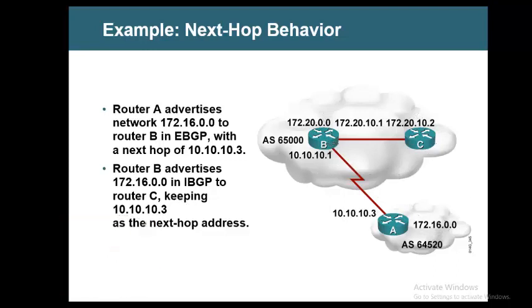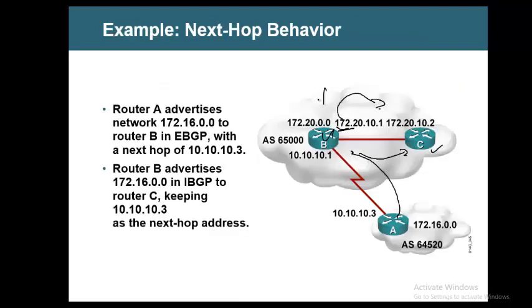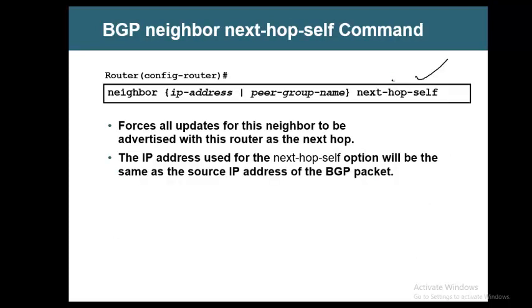So what we have to do is tell B to put its own address as the next hop, so that C can use the update which came from A to B and B to C. For that, we use the command next-hop-self. So we need to go to B and say neighbor 172.20.10.2 next-hop-self. Right.